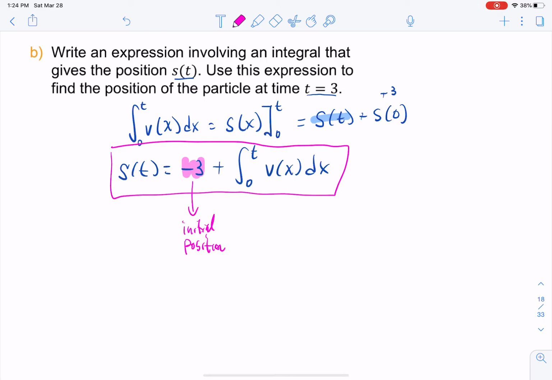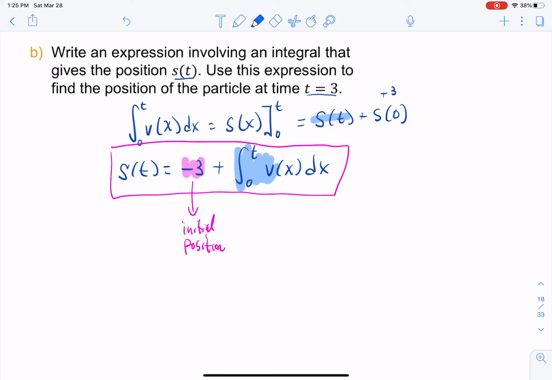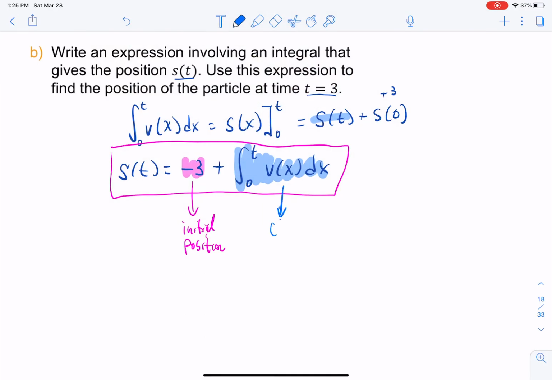Right, and then the other part of this, the integral part of it, all of that is our change in position, in order to get our new position at s of t.